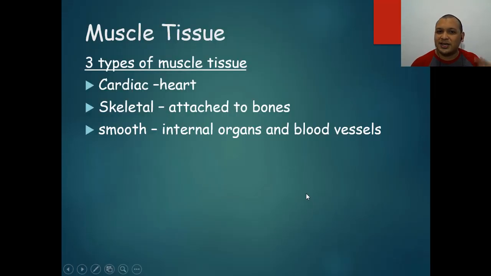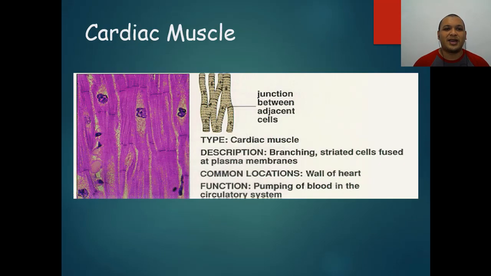Now we'll see a bit more detail, starting with the muscle tissues. I told you before that there are three types of muscle: cardiac, skeletal, and smooth muscle. Let's start with the cardiac one. Cardiac muscle is special because it can only be found in our heart, and its uniqueness is that it has a branching structure.